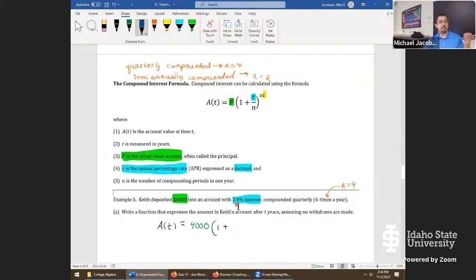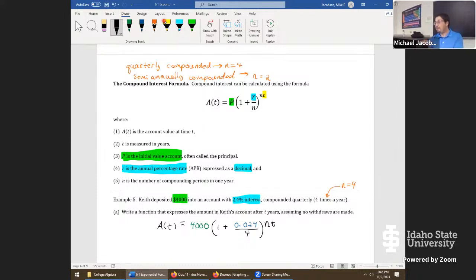So take the decimal, scoot it 2 places left to write it in as 0.024. Next, we divide by the number of compoundings. That's going to be 4, going right here where the n variable was. Now we can close the parenthesis. Right up in the exponent position, n appears here once again, and it's multiplied by time t.